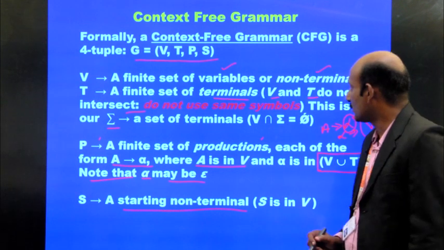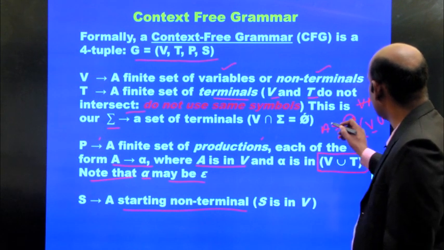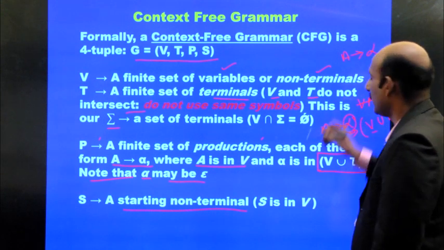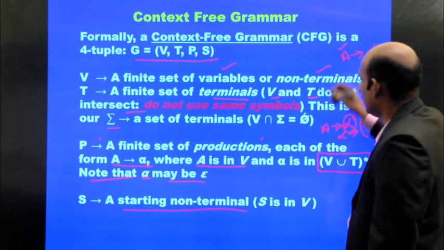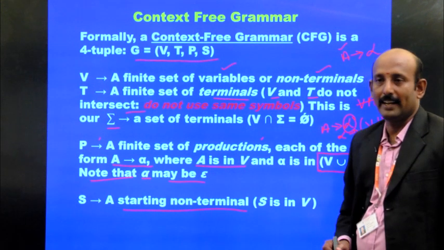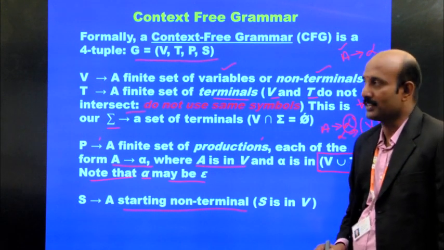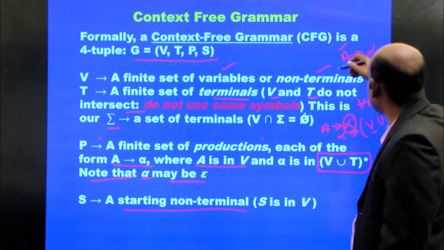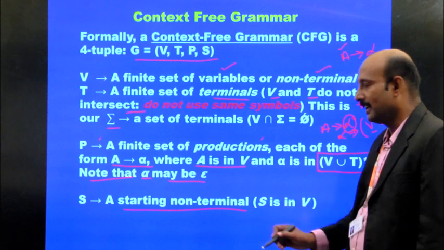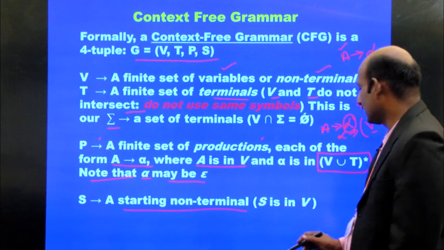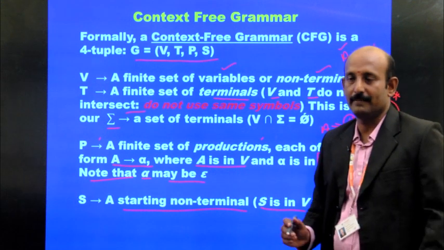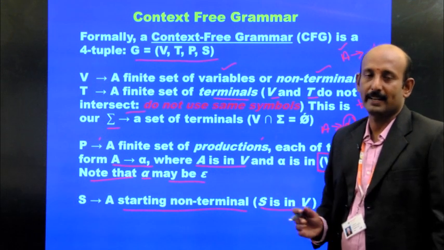For example, in a production A gives alpha, where A is the start symbol, the first production has the starting non-terminal on the left hand side. The start symbol is also in the variables, and variables are always uppercase letters.